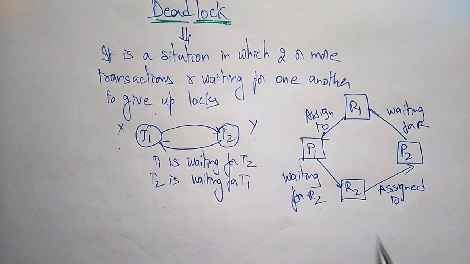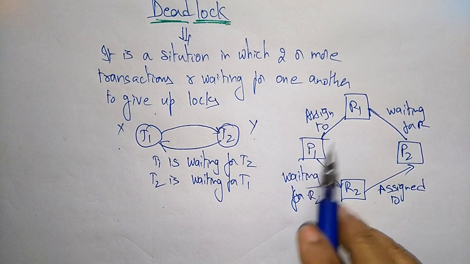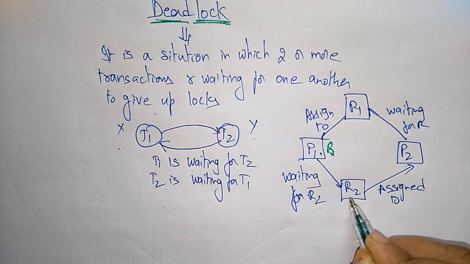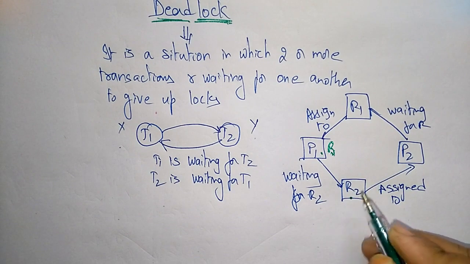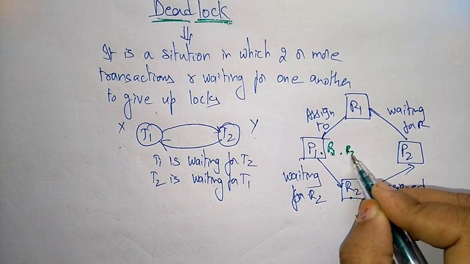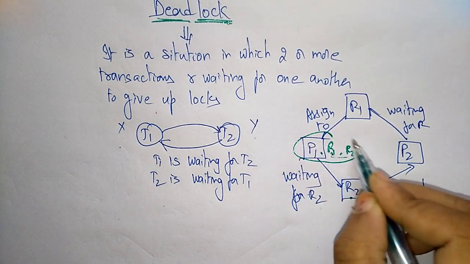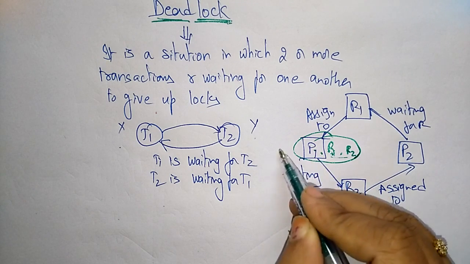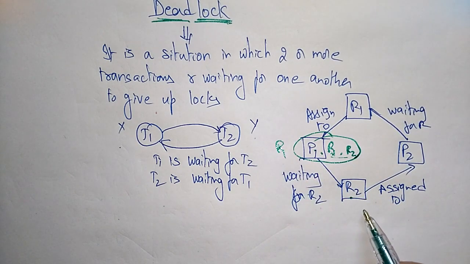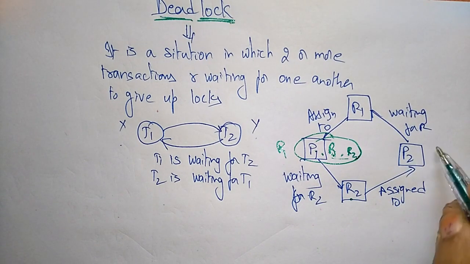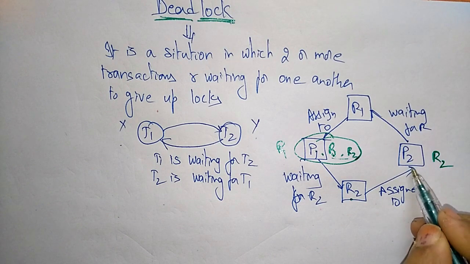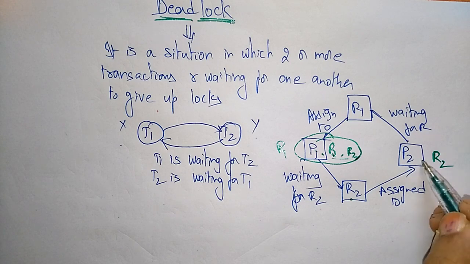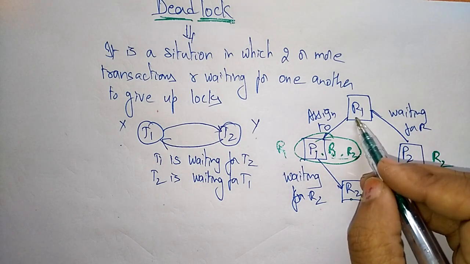You can observe that process P1 is already assigned resource R1. So it's holding R1 and it is waiting for R2. Whenever it has both R1 and R2, then this process will be completed. But here R1 is assigned to P1 and R2 is assigned to P2, and P2 is waiting for R1.